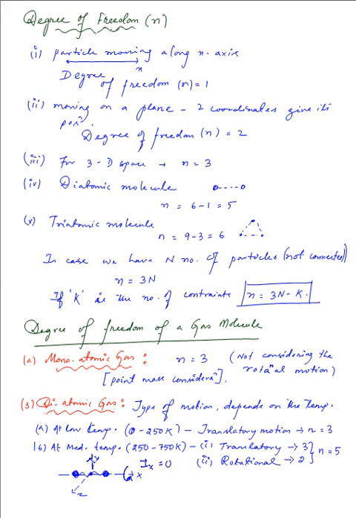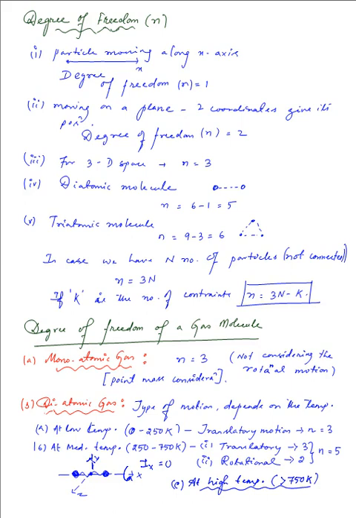Now, we also have to consider the high temperature case. At high temperatures, that is above 750 Kelvin, we obtain another additional motion associated with the diatomic gas, that is the vibratory motion.